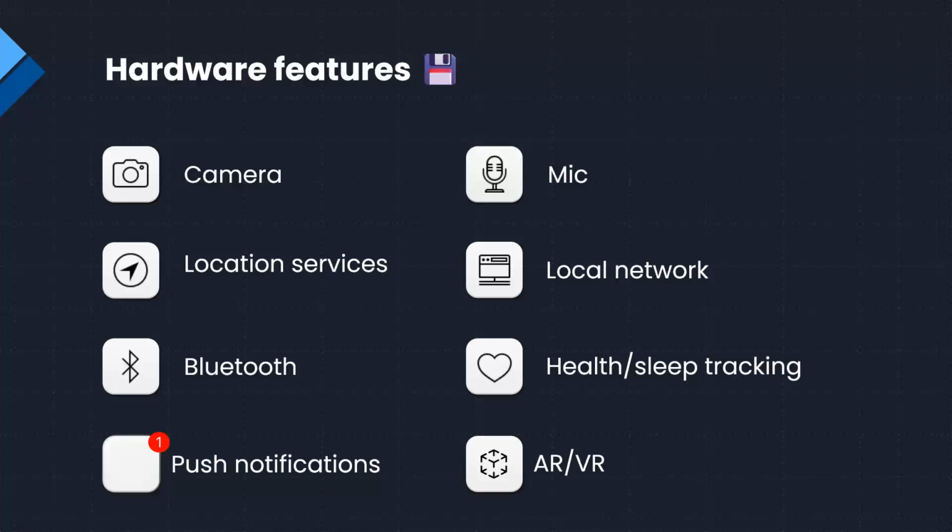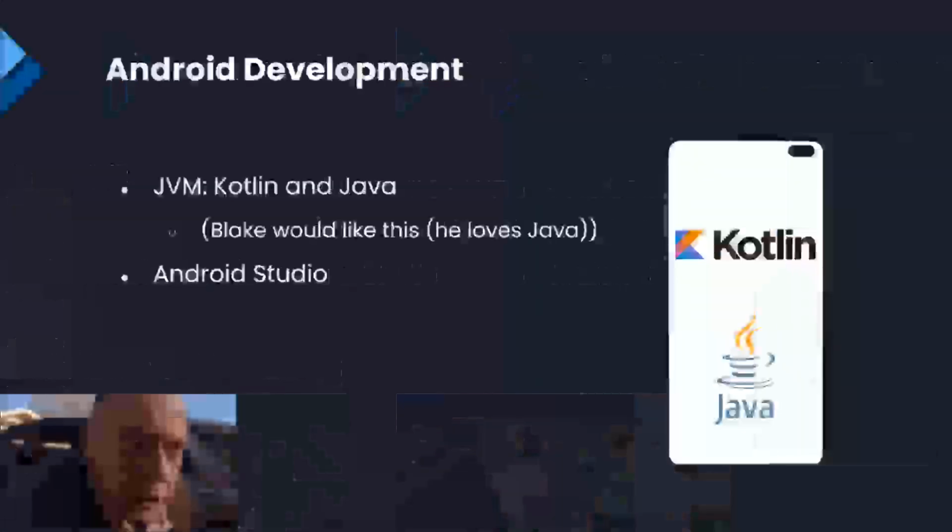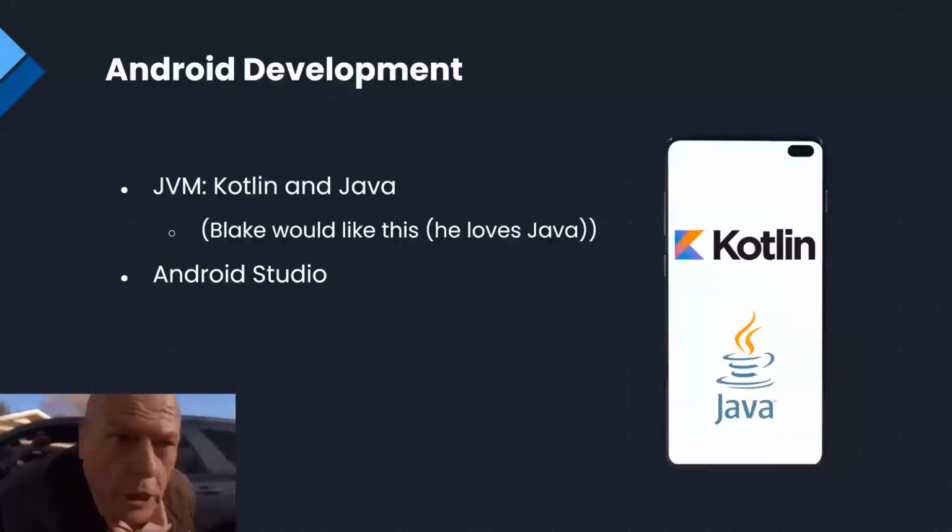So using the native SDK is going to give you the most hardware features, and this is mostly stuff that web is not going to give you access to. In recent years, front end web development has gotten more access to stuff like push notifications. But for the most part, if you want to make the best use of hardware, then you would want to use native app development.